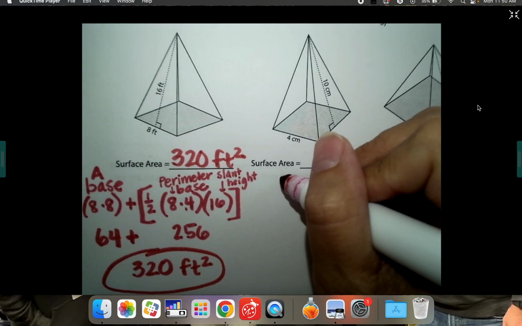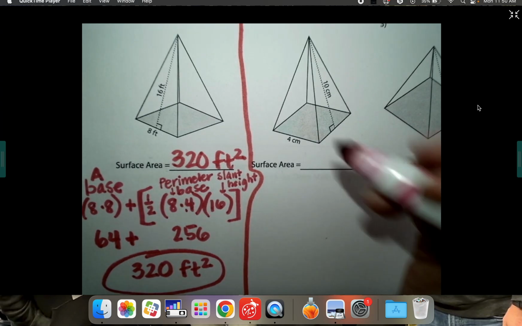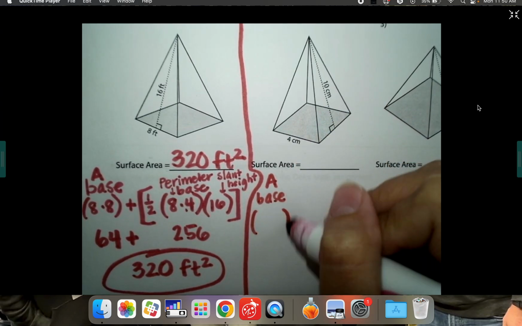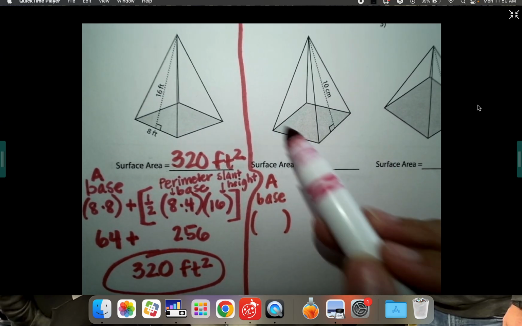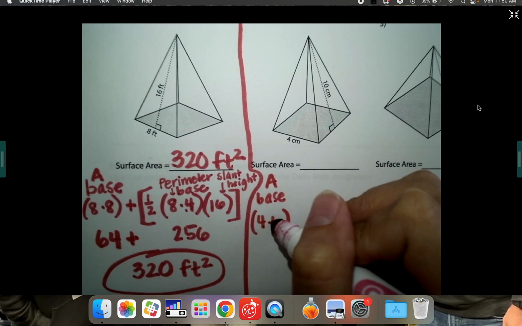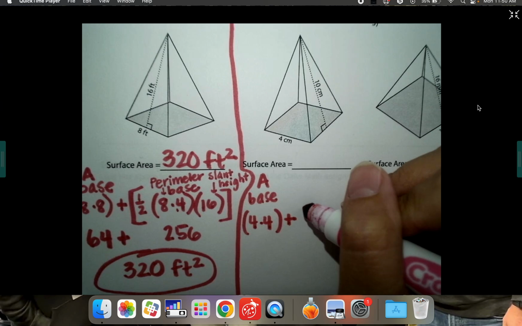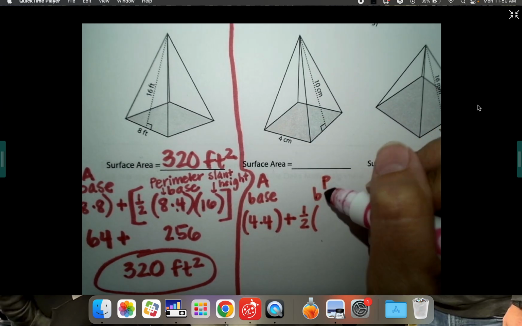Area of the base. Here, I'm going to just draw a line down here so we can keep these separate. So area of the base is length times width of the base, which is 4 times 4 because that's the square. 4 by 4. Plus this stuff that we're going to add, half times perimeter of the base.